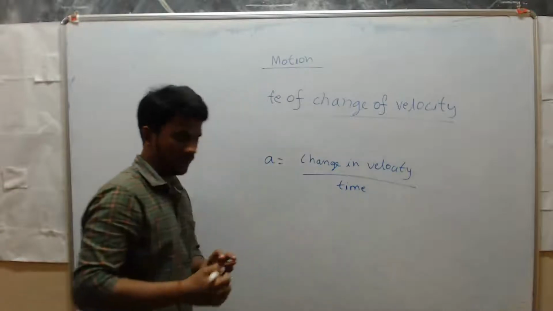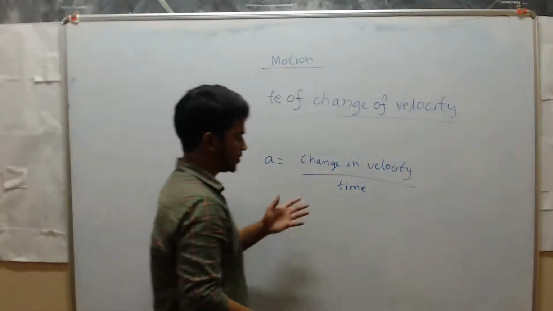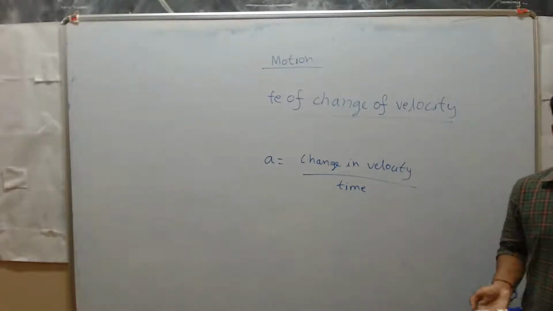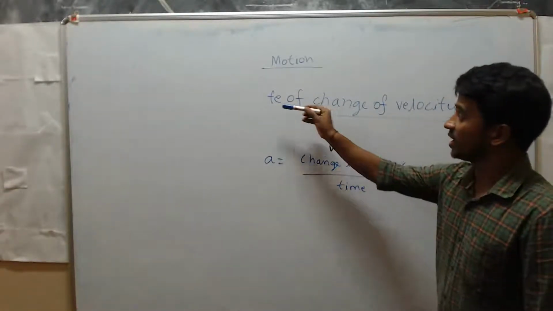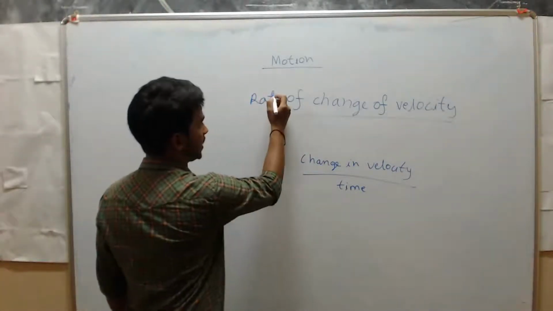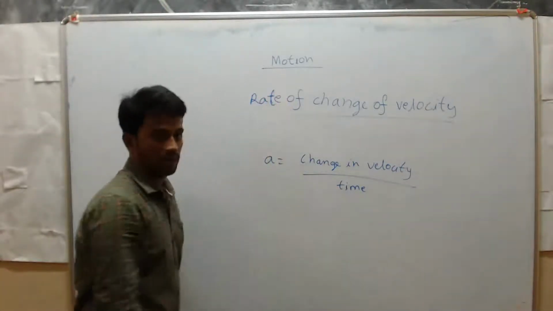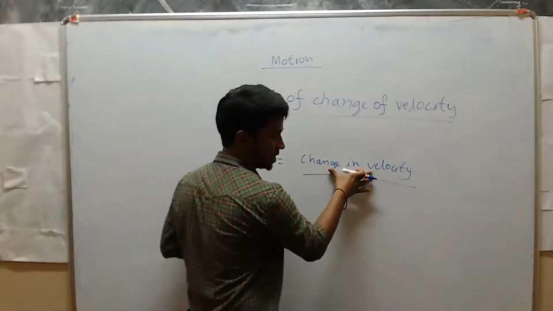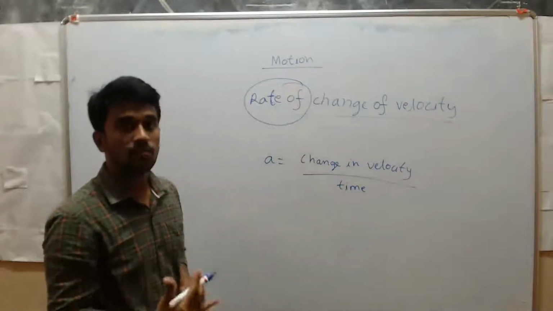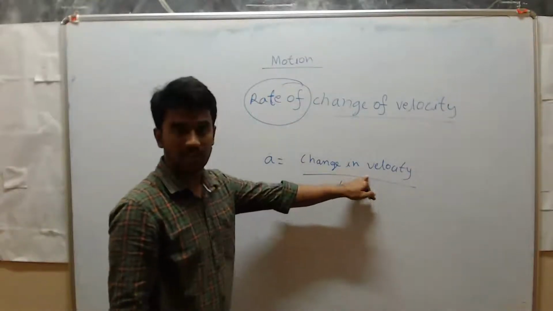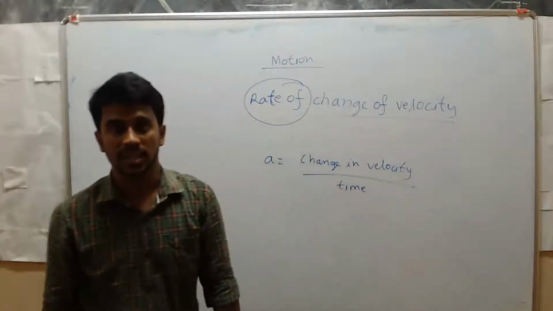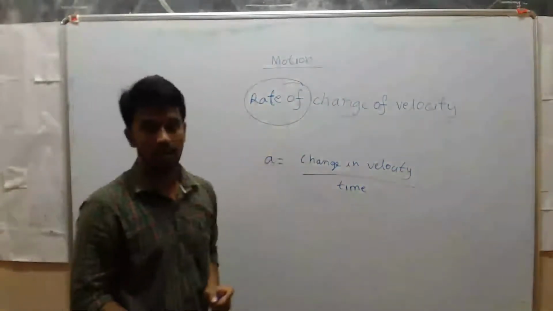We can define acceleration as the change in velocity in a given time, or as the rate of change of velocity. Here the velocity is changing in a given time, so we use the phrase rate of change of velocity, and that is called acceleration.